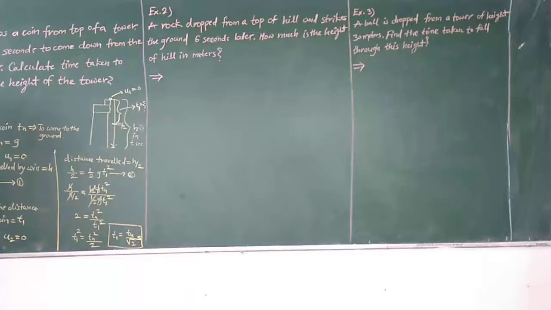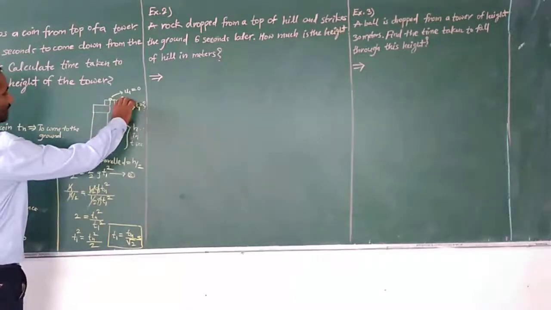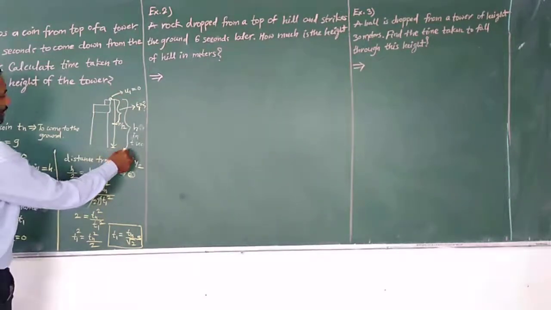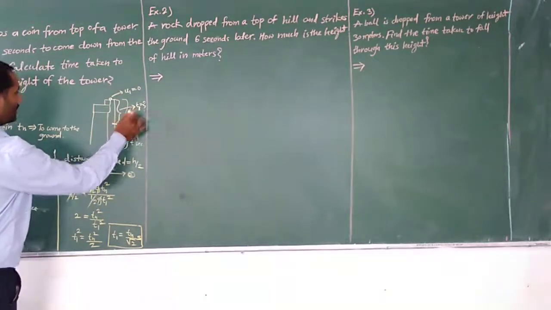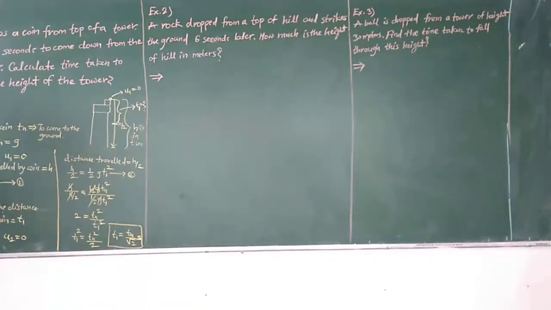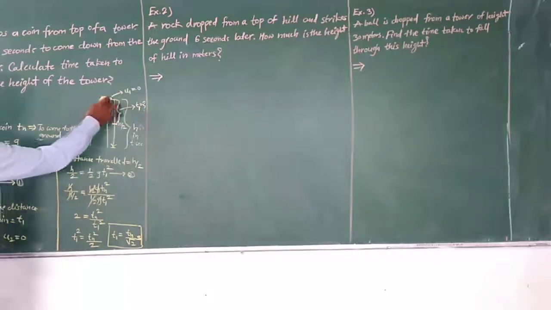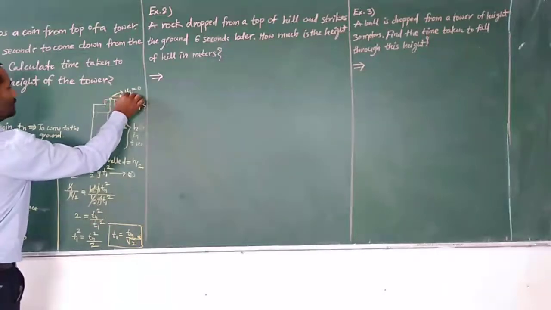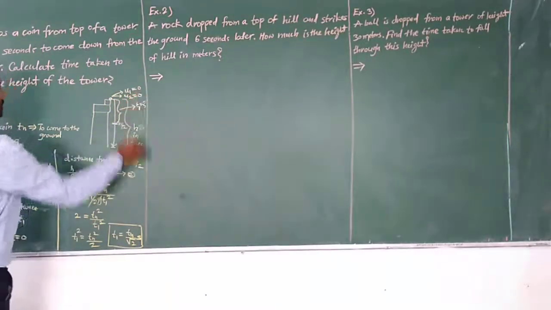And in the second case, we have to find T for half the distance. So to cover half the distance, this is case 2. The time taken by the coin, I have written this time as T1. The acceleration A2 due to gravity is g, and the initial velocity U2 is also 0.